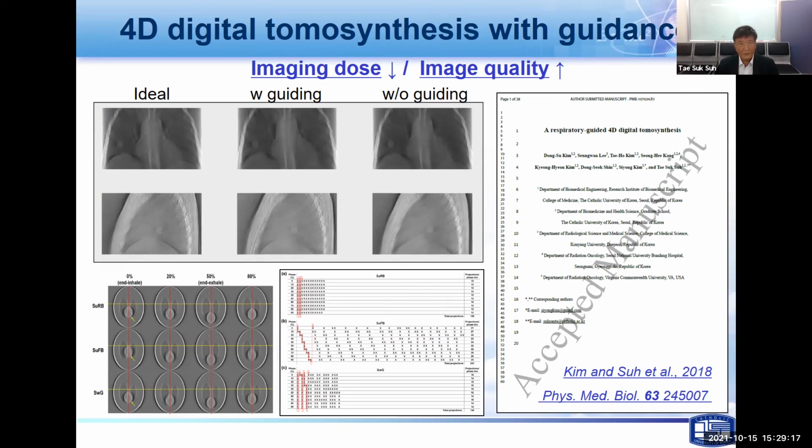You can also refer to this paper published in PMB for more detailed information. Because of limited time, I will not discuss it in detail. I just introduce some image guidance localization systems.